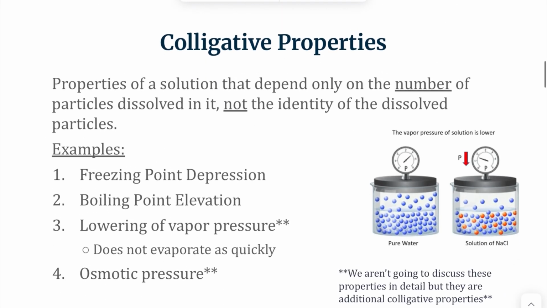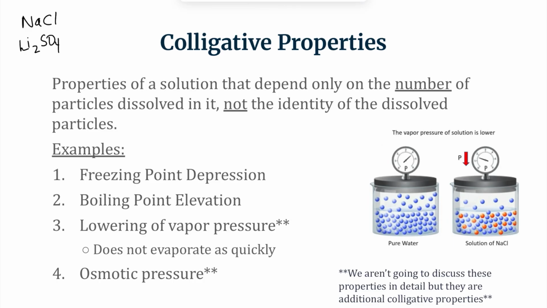So we're not going to talk about colligative properties when we are looking at anything aside from a solution. And so what are the colligative properties? Colligative properties are properties of a solution that depend only on the number of particles dissolved in the solution, not on the identity of the dissolved particles. So we don't care if it's sodium chloride that's getting dissolved or lithium sulfate that's getting dissolved.